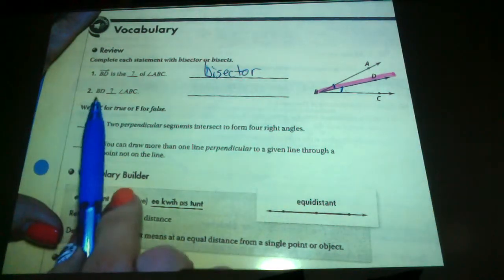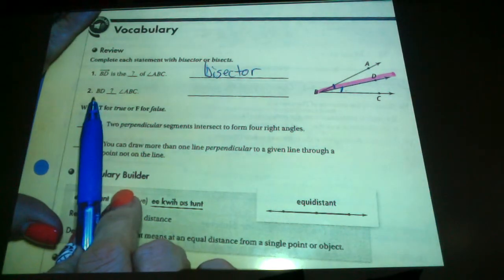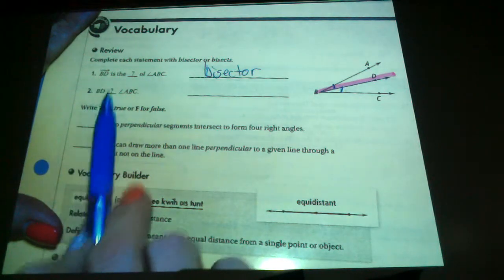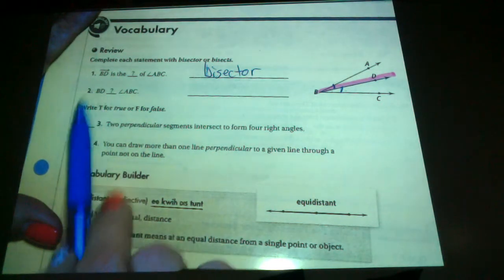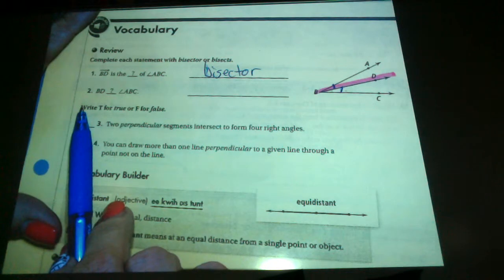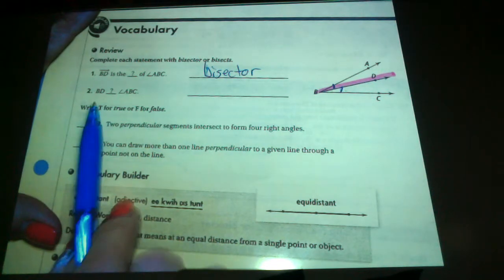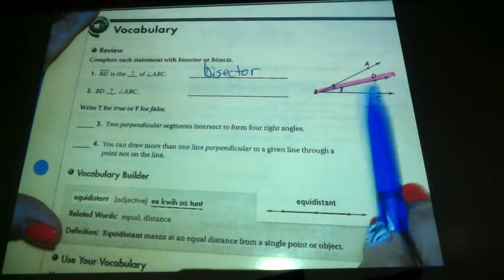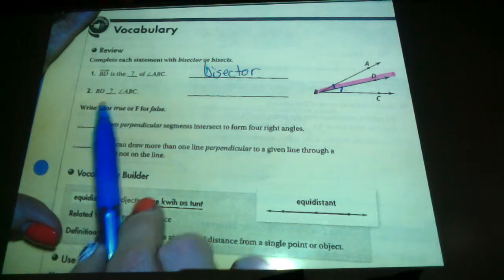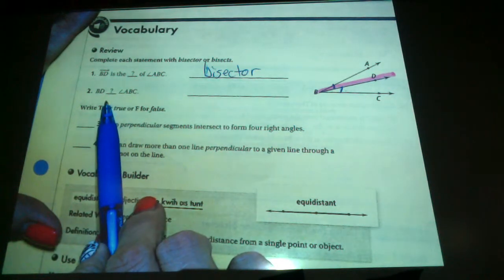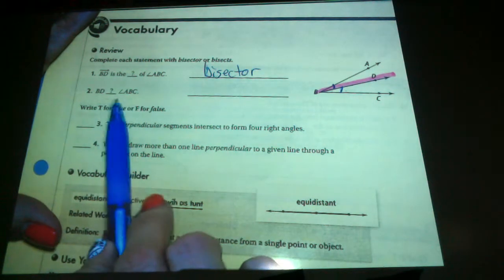What's this notation saying here? There's nothing in front or up top. What is that notation? The distance from B to D. It's a distance. So it's saying the distance from B to D, bisector angle ABC or bisects?